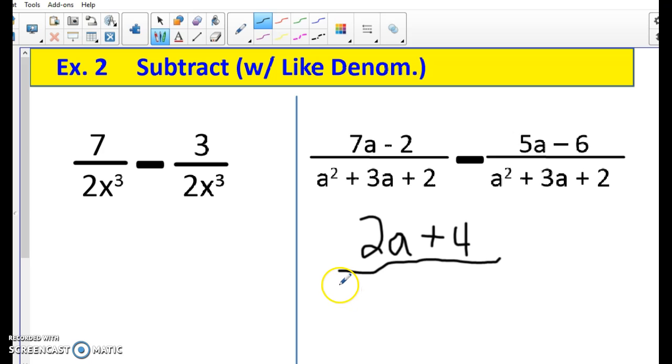And then I have my denominator, which we can simplify. I'll simplify before I write it out here. So I'm going to be left with a plus 2 and a plus 1. And then I can also simplify that numerator.